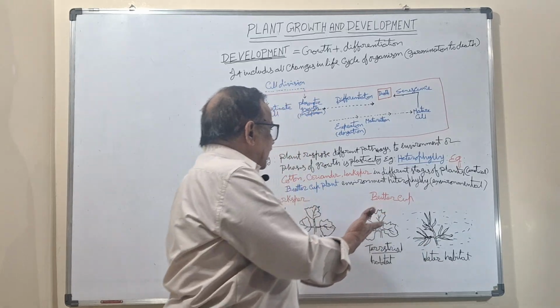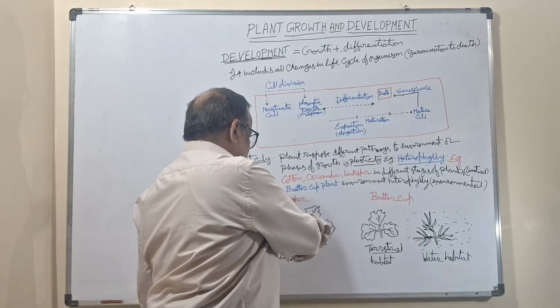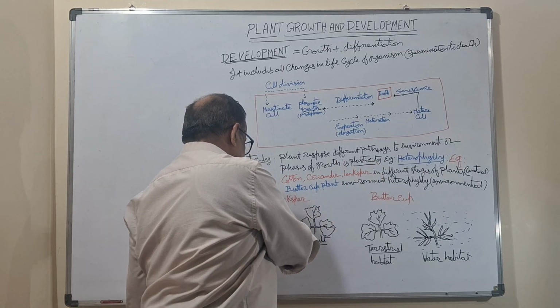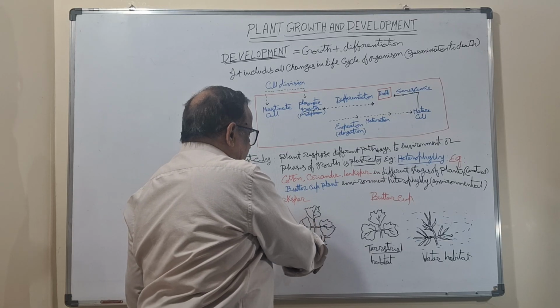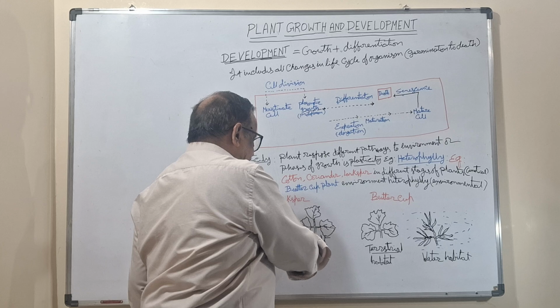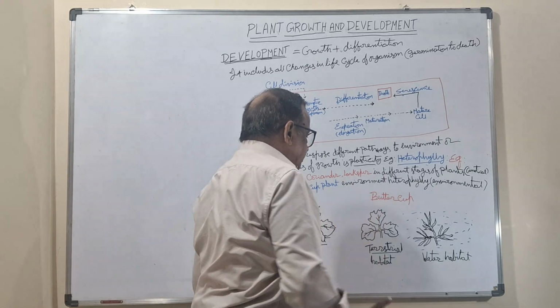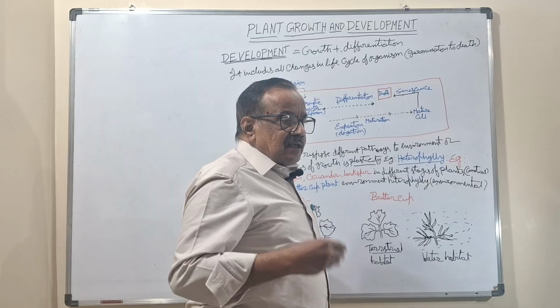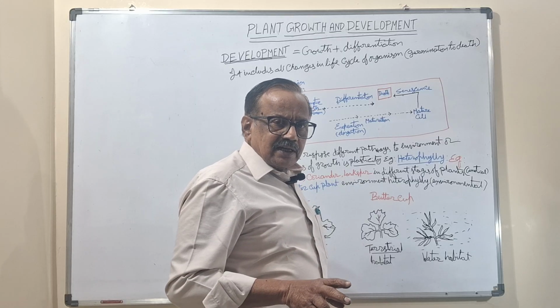So in this way, that plasticity, for example heterophylly, we can observe. In genetical heterophylly, the juvenile stage of the larkspur shows a simple leaf, and later on it will become trifoliate palmate. And next, buttercup is aquatic and terrestrial also; it can grow in both habitats.